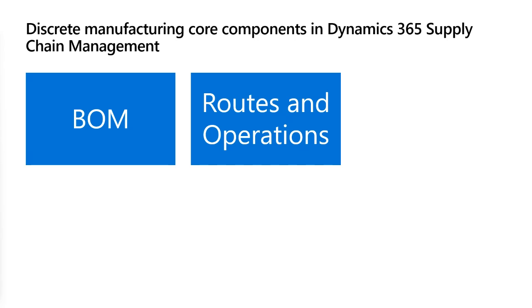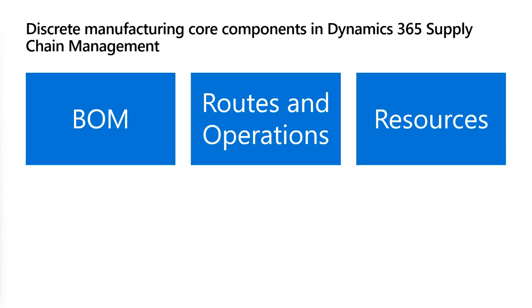It is also used to plan the demand for resources and, depending on availability in the supply chain, to calculate possible availability for the product. The route is used in production to plan and execute the production workflow and to capture the consumption and the progress in the production order.